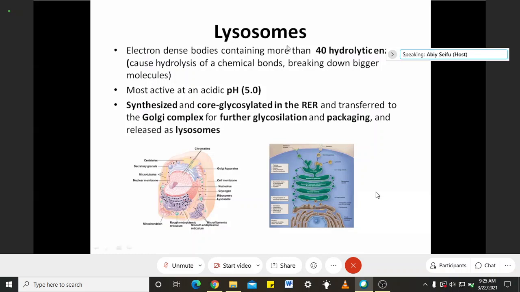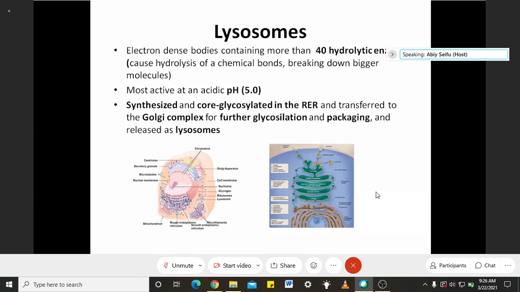Yes, indeed, lysosomes are small, spherical, electron-dense bodies which contain about 40 specific enzymes belonging to the hydrolytic group of enzymes, which specialize in hydrolyzing chemical bonds, breaking down bigger particles into smaller molecules, such as the nutrients received by the cells or anything taken from outside.